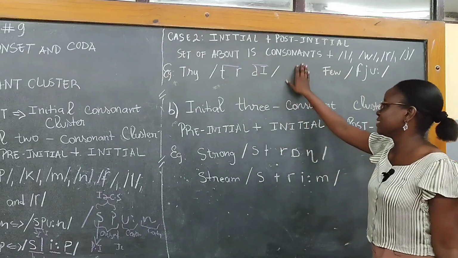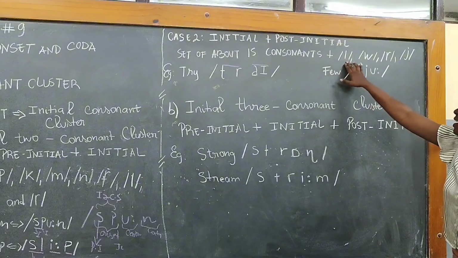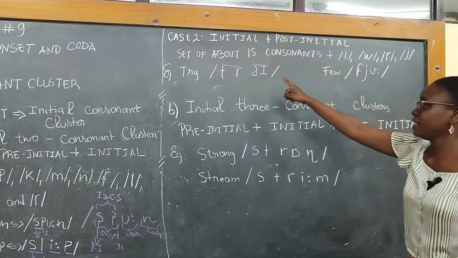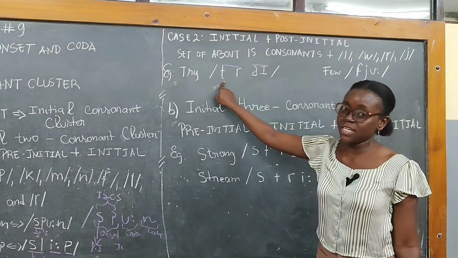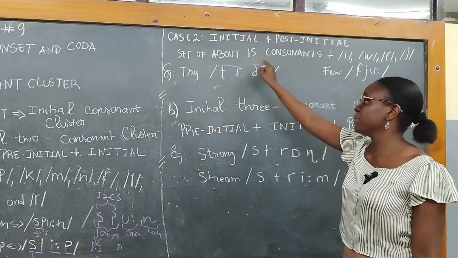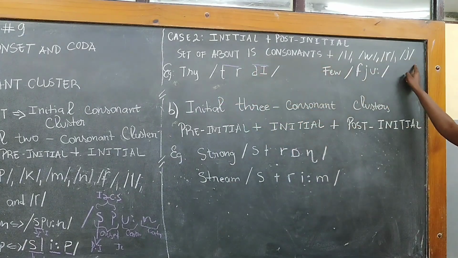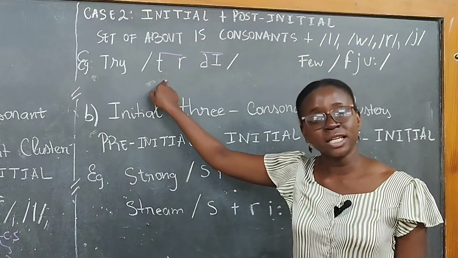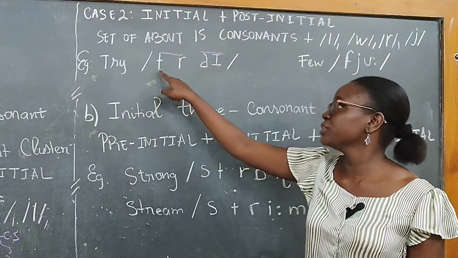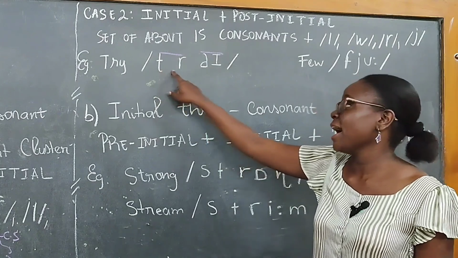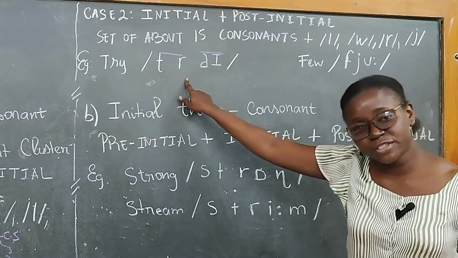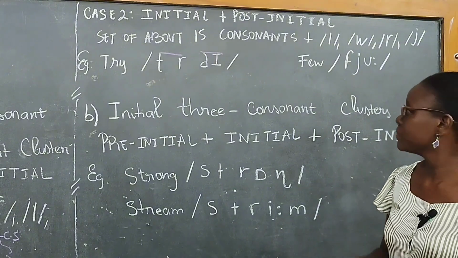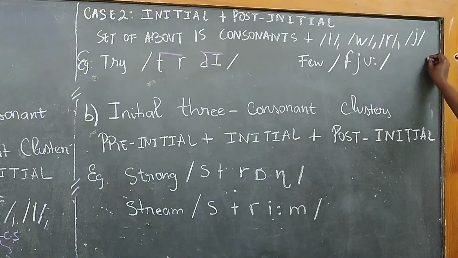Any consonant that is not La, Wa, Ra, or Ya coming as the first consonant in a word and then combined with one of these. So the one that comes first is the initial consonant, and the one that comes after it is called the post-initial. These ones are going to be post.